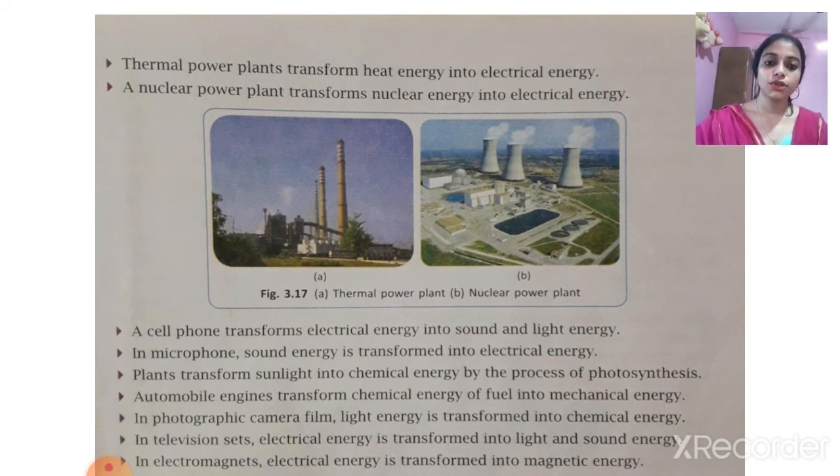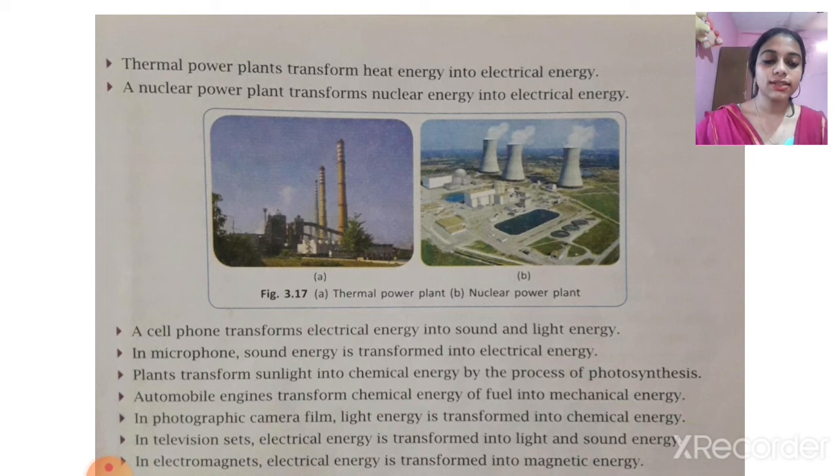And next one, automobile engines transform chemical energy of fuels into mechanical energy. We know the energy that the vehicles get is from the fuels, isn't it? So the automobile engines transform that chemical energy stored in the fuels into mechanical energy. And in photographic camera films, the light energy is transformed into chemical energy.